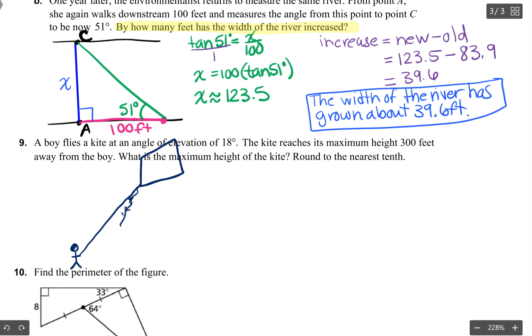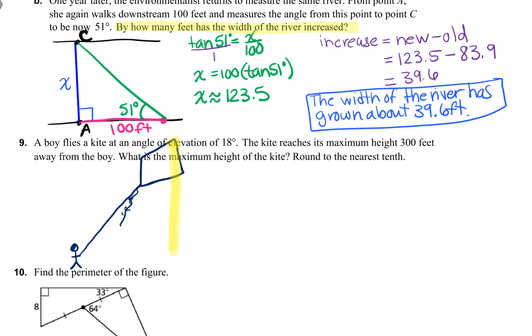Okay, so the maximum height of the kite is going to be here, the top all the way down. Okay, and then the distance from the boy, it says that the maximum height is 300 feet when the distance from the boy, let's get this labeled, 300, oops, I read that incorrectly. The kite reaches its maximum height 300 feet away from the boy.